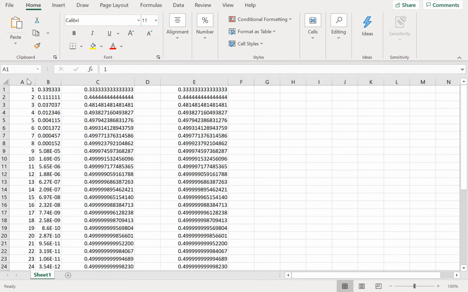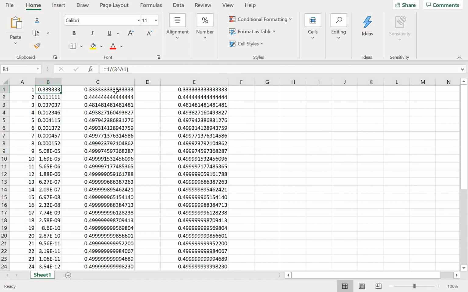In the first column, we have just the numbers 1 through 40, so they're representing our n values. In the second column, we have the 1 over 3 to the power of n. So 1/3, and then 1/9, and 1 over 27, and so on, but all in decimal form.